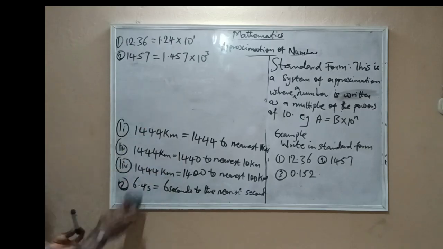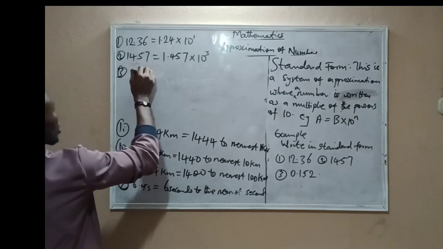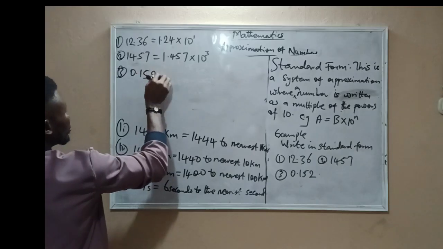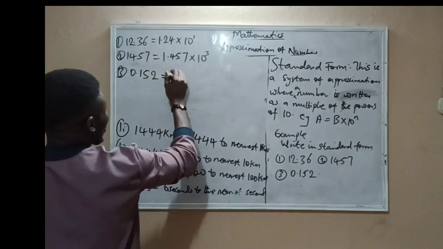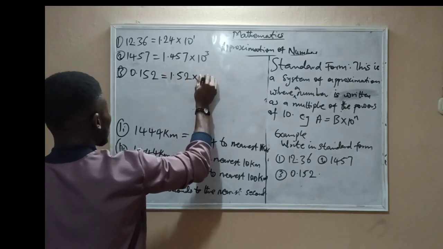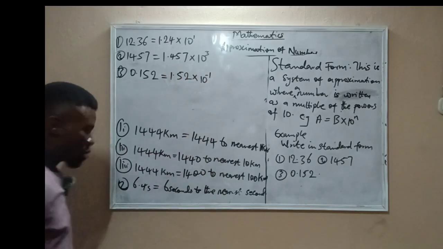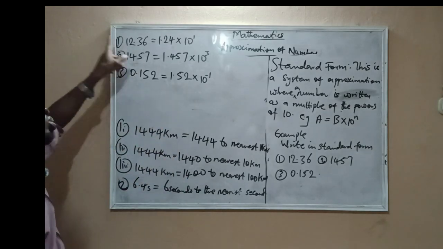And then the last one is 0.152, which is equal to 1.52 times 10 raised to the power minus 1. How?